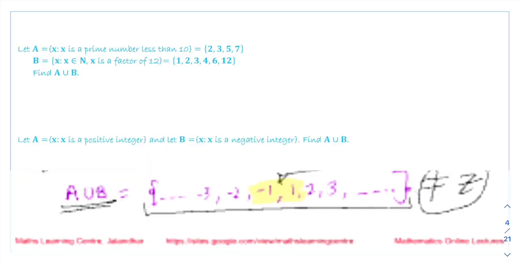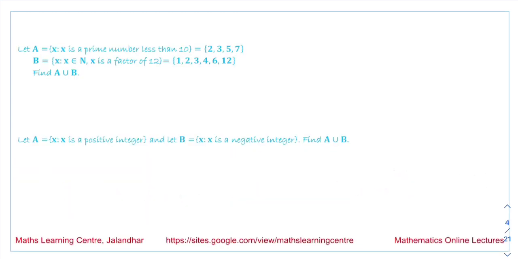Next, let A be the set of x such that x is a prime number less than 10, and B is another set, x such that x is a factor of 12. What are the elements of these two sets? The first set is the prime numbers less than 10. They are 2, 3, 5 and 7. And x is a factor of 12: the factors of 12 are 1, 2, 3, 4, 6 and 12.